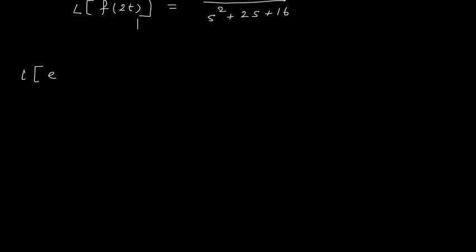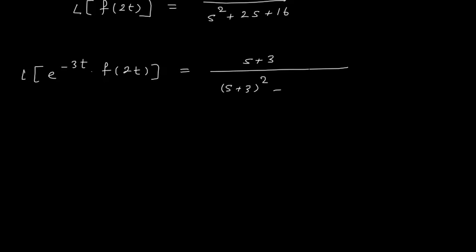Using the first shifting theorem, each s is going to be replaced by s plus 3. So here it will be s plus 3 divided by s plus 3 the whole square plus 2 into s plus 3 plus 16.